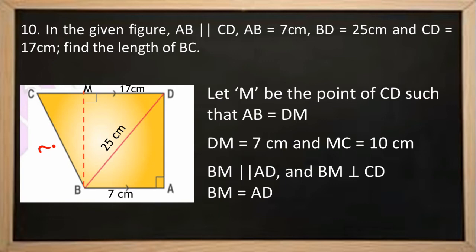Note this down on your diagram also, children. Mark MD as 7 cm and CM as 10 cm. So after marking this, now automatically your mind will say how to proceed. Let us move to the next slide.